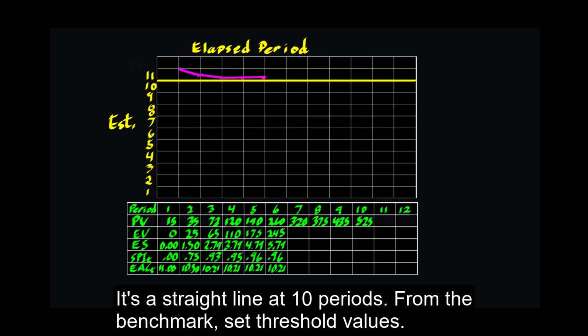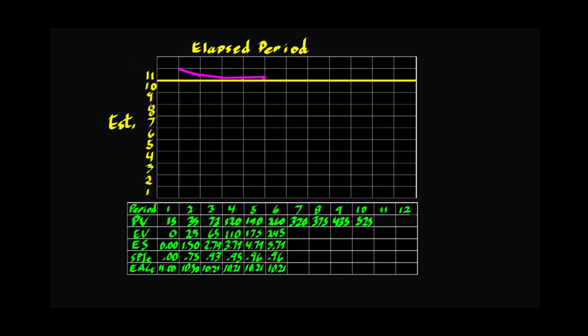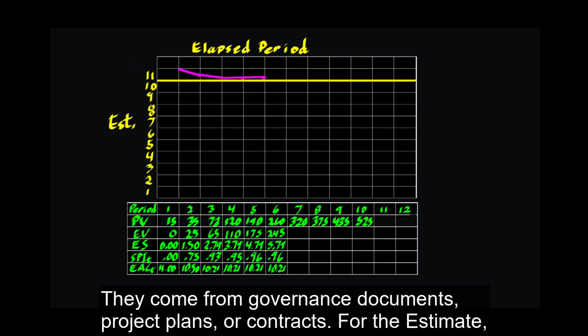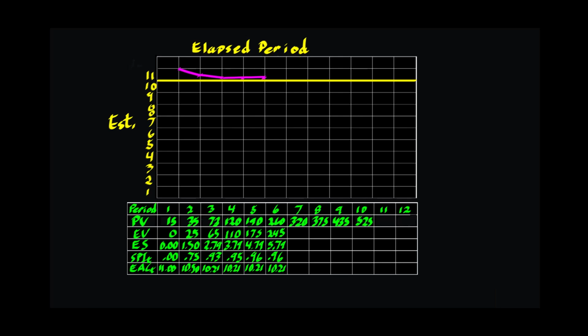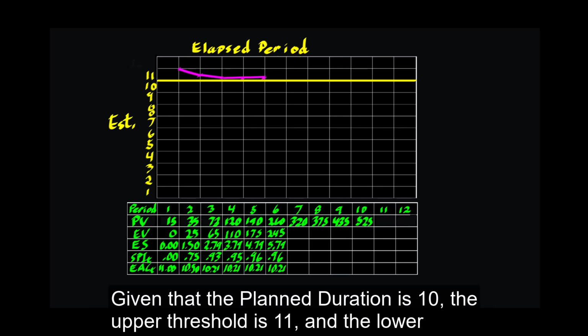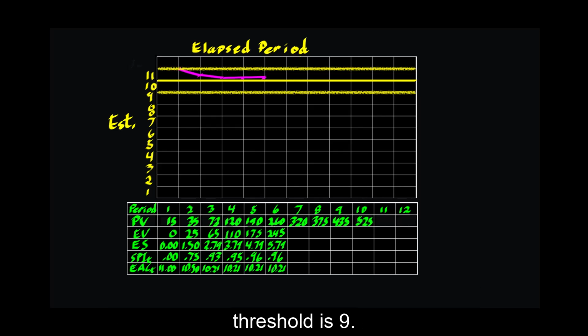From the benchmark, set threshold values. They come from governance documents, project plans, or contracts. For the estimate, common thresholds are 10% above and below planned duration. Given that the planned duration is 10, the upper threshold is 11, and the lower threshold is 9.